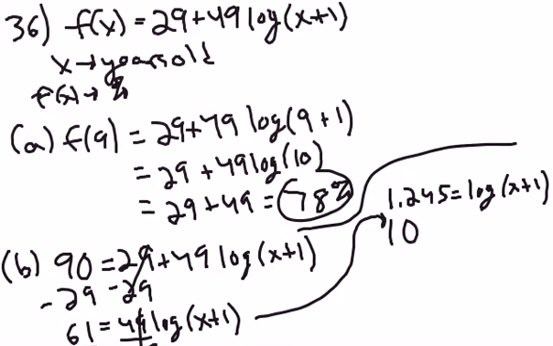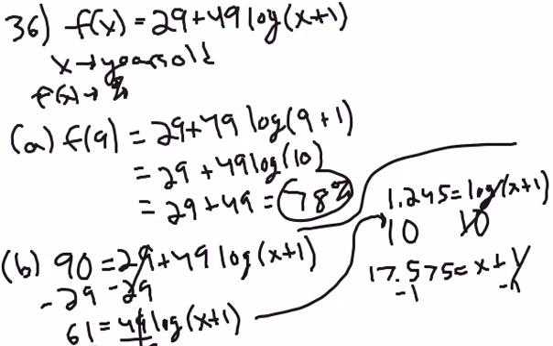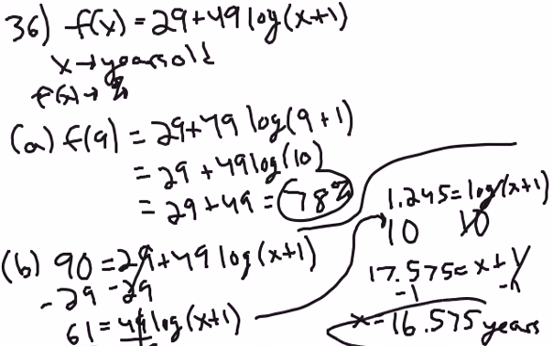Do 10 raised to whatever on both sides, so that these cancel. 10 raised to 1.245, if you use your calculator, is 17.575, and then just subtract 1. So x is 16.575 years. Okay, so that is your part A and B of 36.